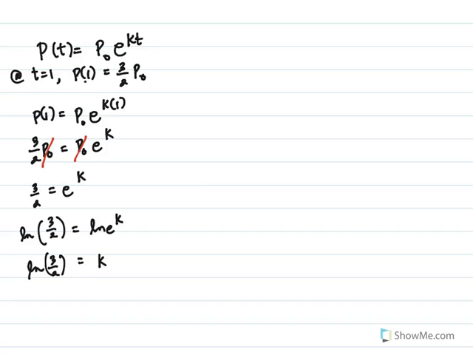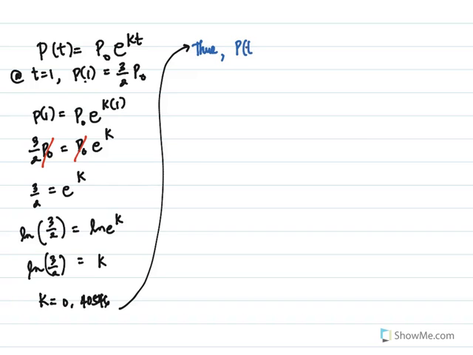And that is around k equals 0.40546. Thus, P of t is equal to P naught e raised to 0.40546 times t.